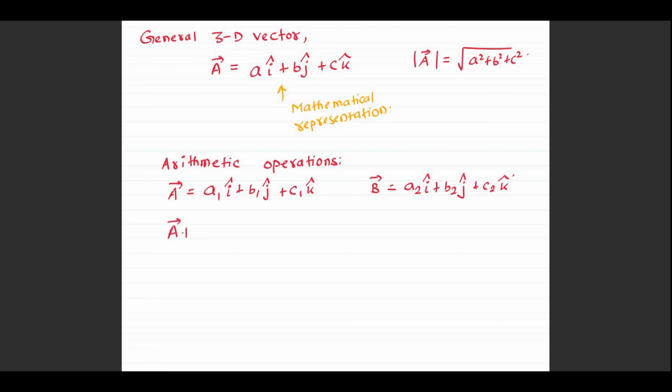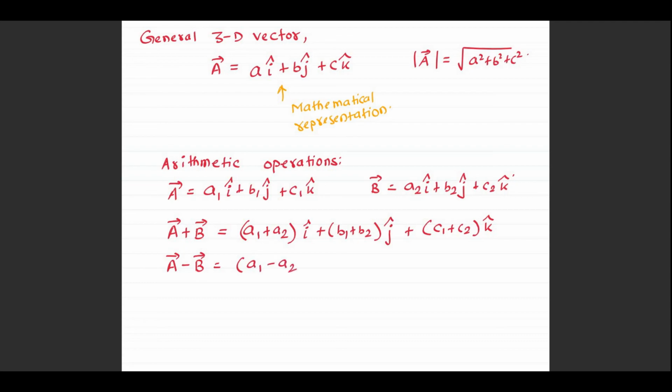If I want to perform the arithmetic of addition, A plus B, i cap will be added to i cap, j cap to j cap and k cap to k cap. Similarly, if I want to do subtraction of A minus B, it will be (a1 minus a2) i cap plus (b1 minus b2) j cap plus (c1 minus c2) k cap, right? So this is how we perform arithmetic operations in mathematical form.